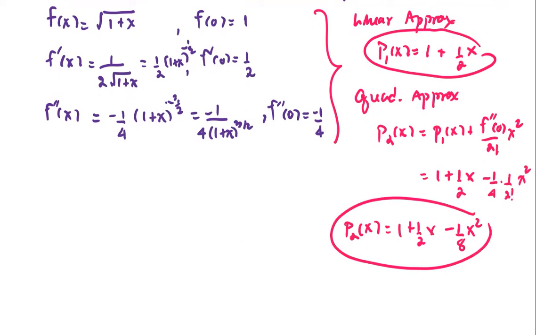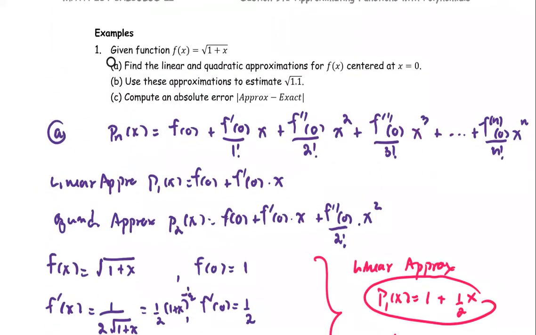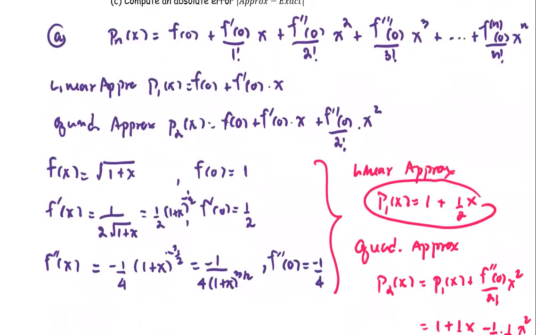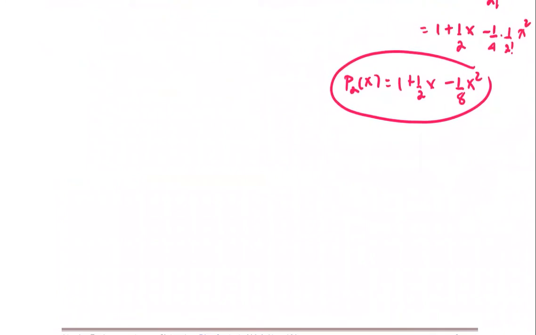After we get the linear and the quadratic approximations, we are going to use them in part B to approximate the square root of 1.1. So in part B, we write square root of 1.1 as a function in the form of square root of 1 plus x.